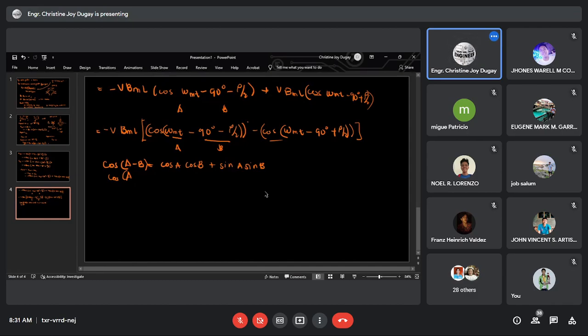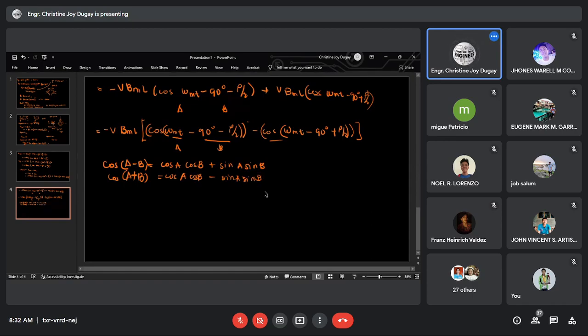So that is equal to, para magkaroon tayo mamaya ng ima-minus, etong sign, makakancel, di ba? Pwede nating i-cancel. Gawin natin eto na positive para may makancel tayo later on. So that is A plus B. So that is equal to cosine A, cosine B, and this one, magiging negative siya. That is sine A, sine B.